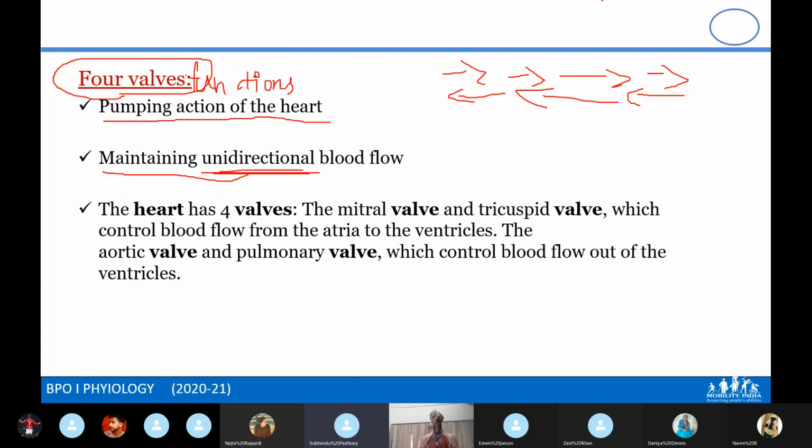Can anybody answer? Yes, Shubhendu. Ma'am, there will be the mixing of oxygenated and deoxygenated blood. Very good. That is the right answer. So if there is multidirectional flow of blood, then the blood will be mixed, oxygenated, pure, impure, all the bloods will be mixed.